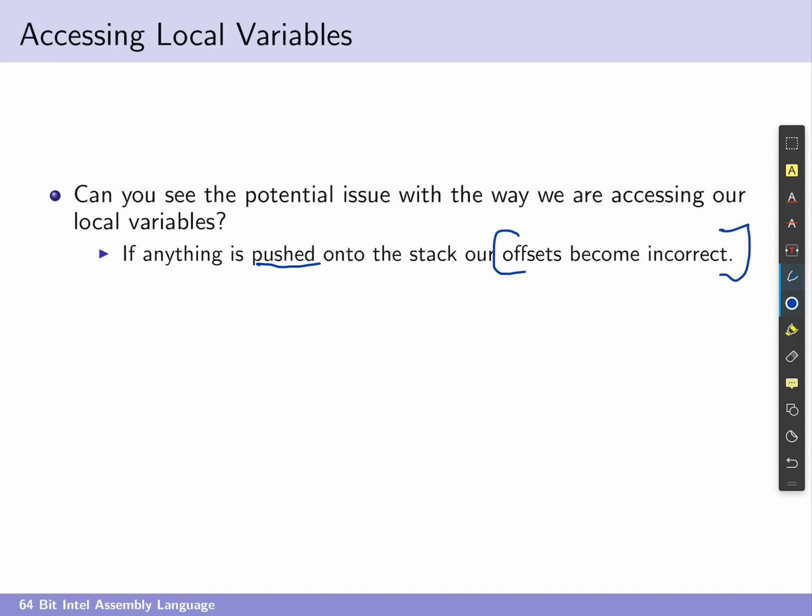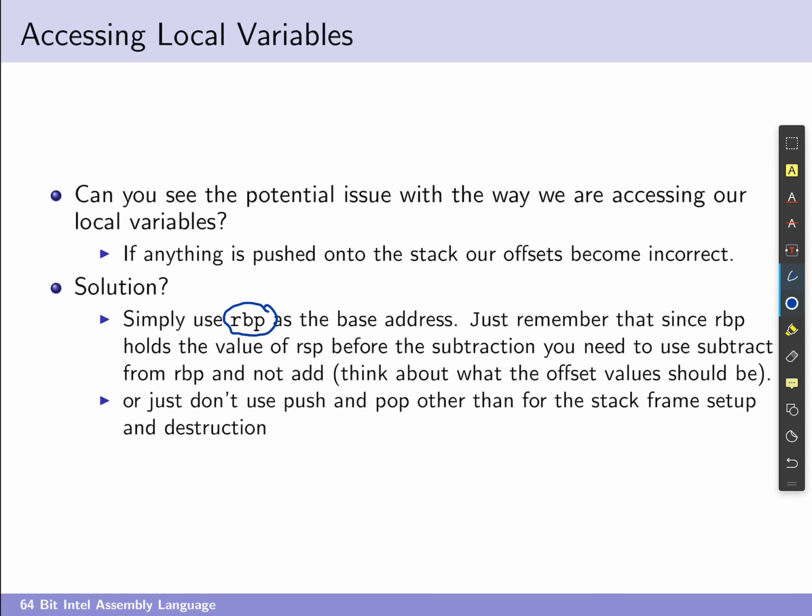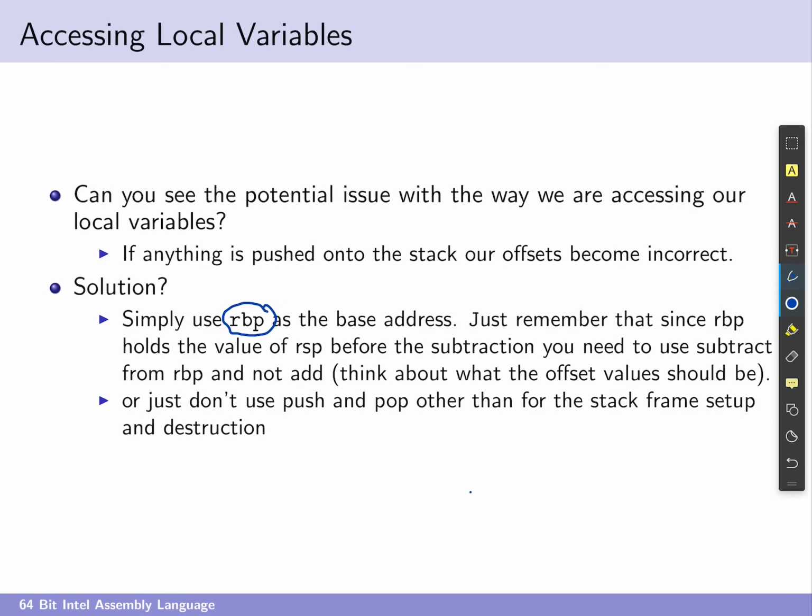So how do I actually fix that? Well, as I said, there are two ways. One is kind of a fix, the other is a rule of thumb, really. The fix is to, instead of using RSP and plus, we actually rather use RBP and minus. Now, the reason that happens is that RSP is basically at the limit of what we've expanded our stack to.